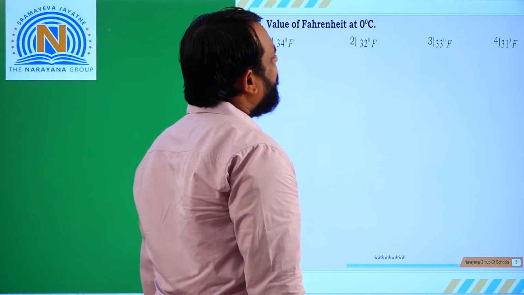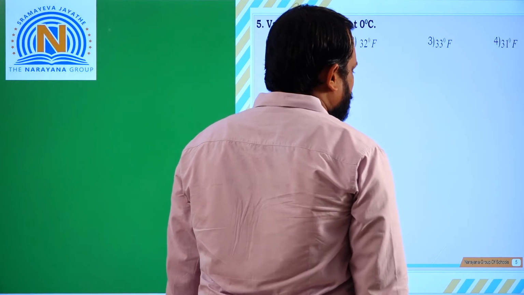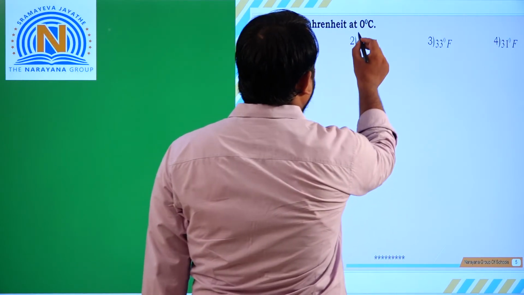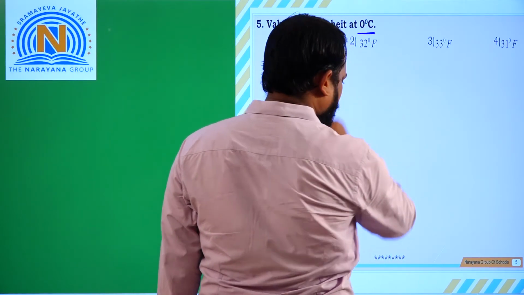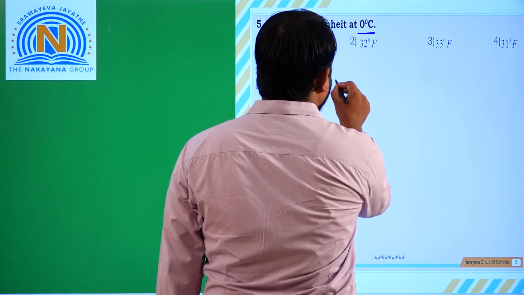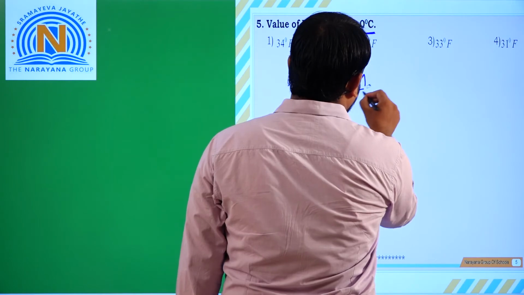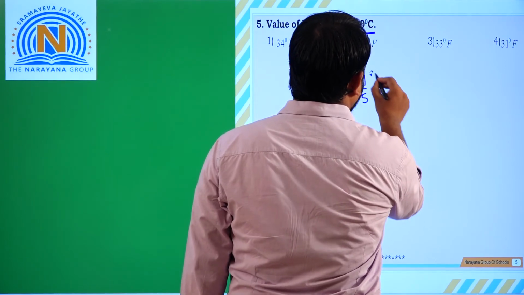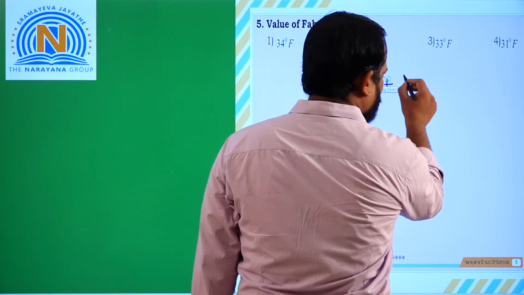The value of Fahrenheit at 0 degree Celsius. We have the relation F is equal to 9 by 5 C plus 32.